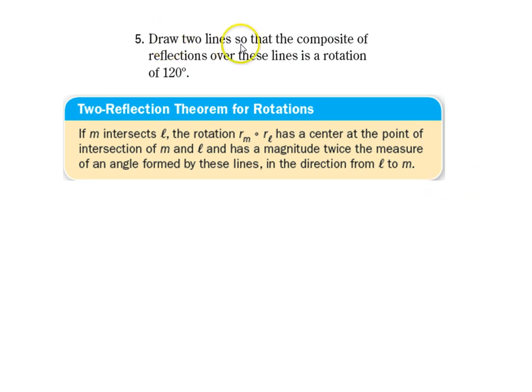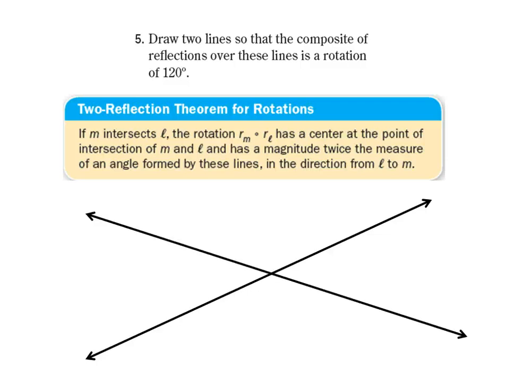So if I'm going to draw two lines so that the composite is a rotation, they need to be intersecting lines. So I'm going to draw one arbitrary line. I can draw that wherever I want. The next line I draw has to intersect it. So I'm going to draw another line that intersects it. Now what's true about these two lines is that the angle between them has to be half of the degree of rotation.